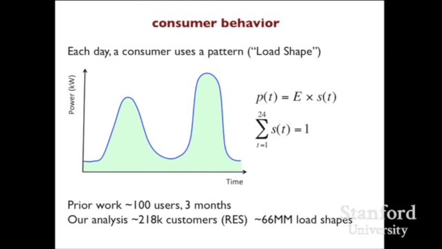Because our idea was these load shapes represent the collection of actions that you do in your home. And since you normalized out the energy, we are in some ways normalizing out the size of your home and some numbers like that.